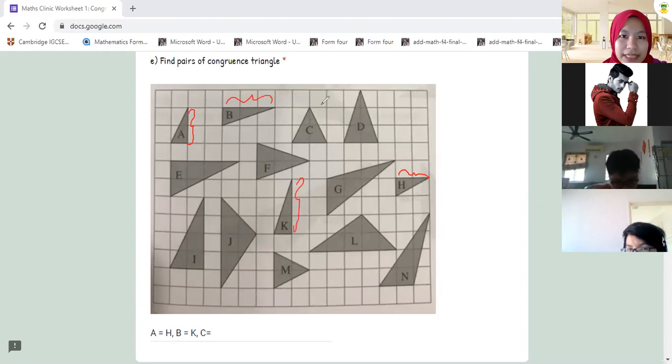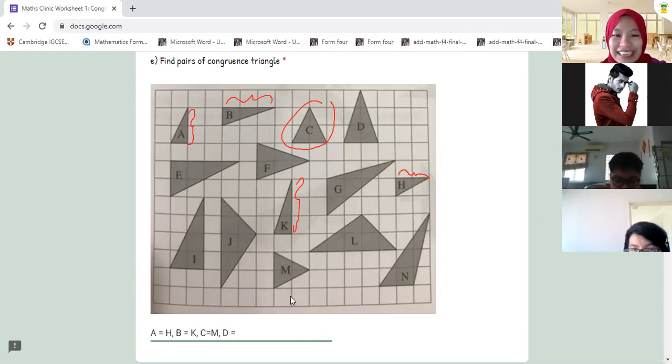And then we start with C. C is an isosceles triangle, correct? So C is equivalent to M. Make sure you are using capital letters. Don't modify the capital letters. D is also an isosceles triangle. Where is its partner?